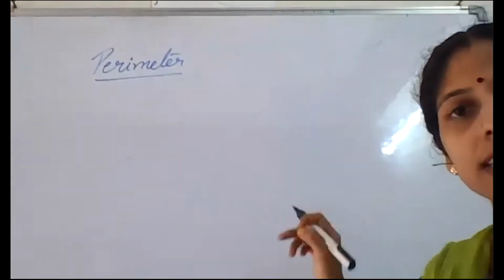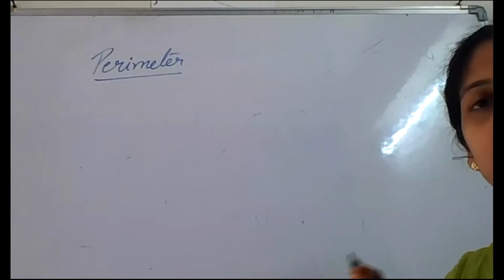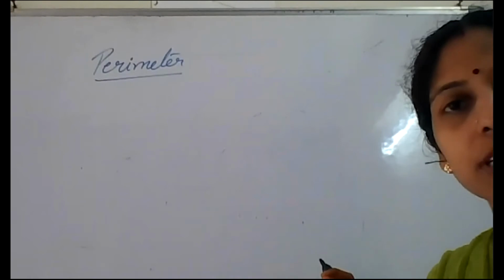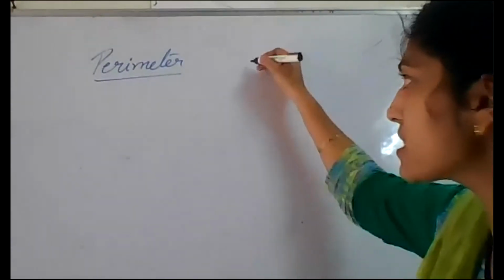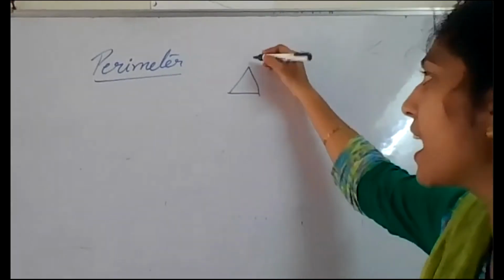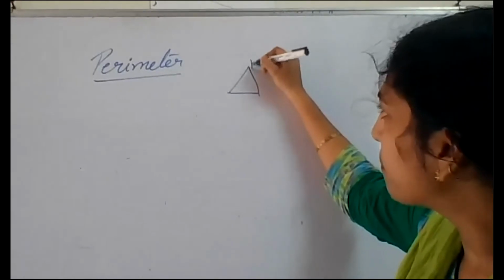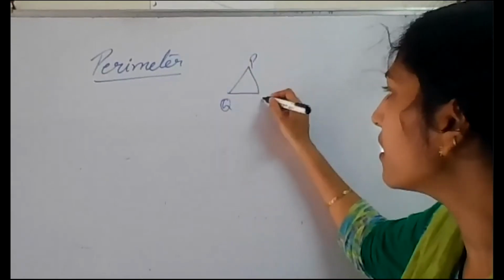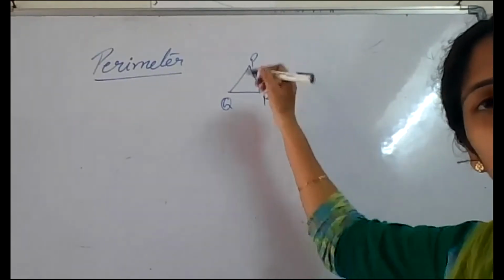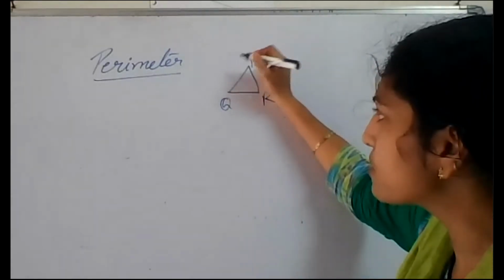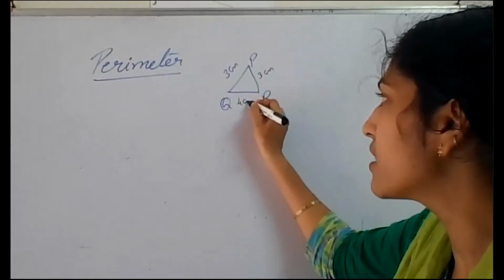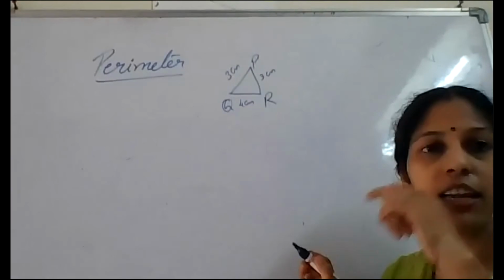Now here, in this particular chapter, we are going with triangles and parallel lines, right? So our figure is related to which one? Triangle. Our figure is about triangle. So if I take the triangle name as P, Q, and R, and if I take the three lengths of the three sides of the triangle, suppose this one I take 3 centimeters, 3 centimeters, and here it is 4 centimeters.